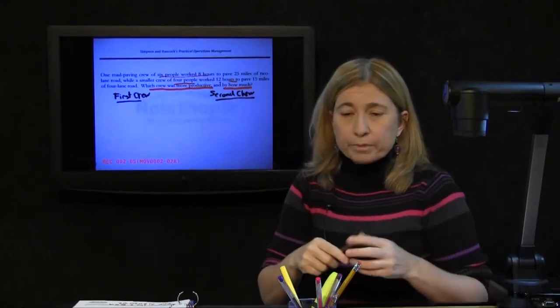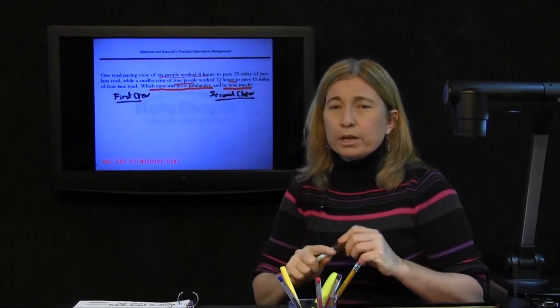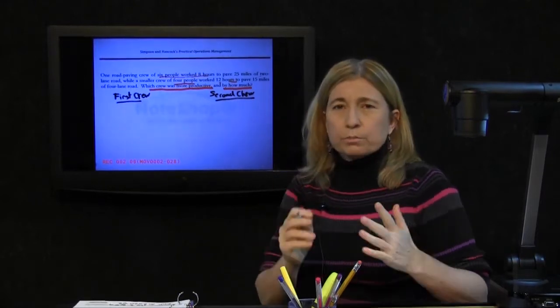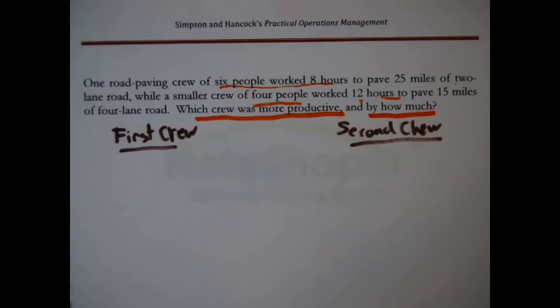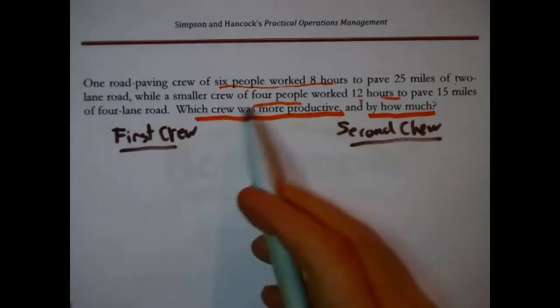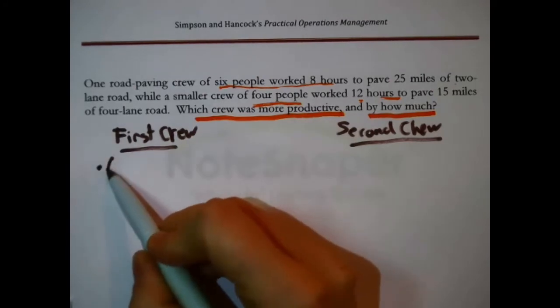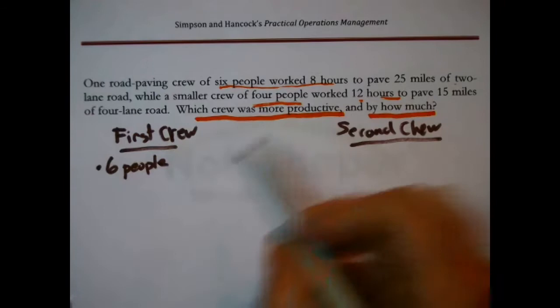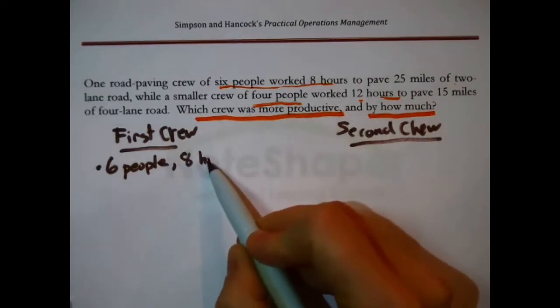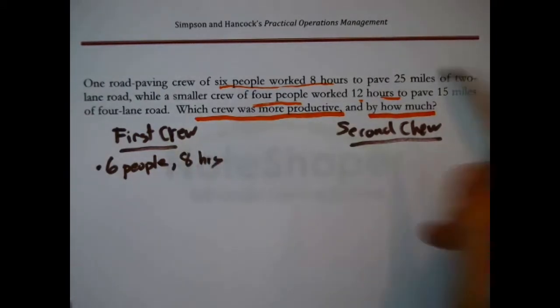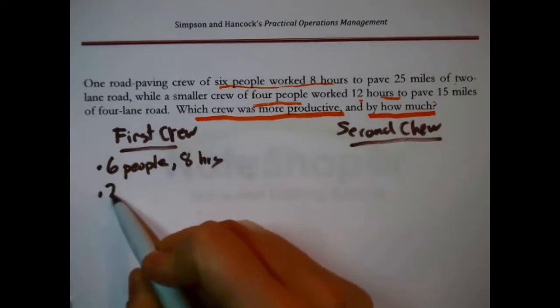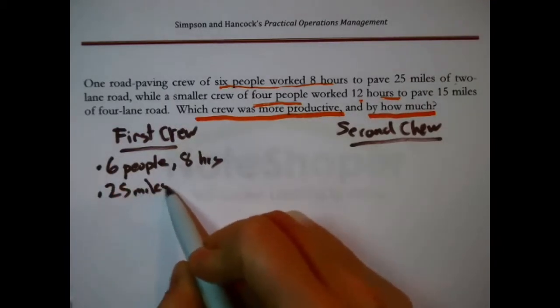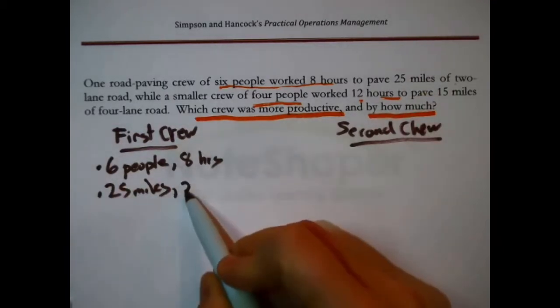Now, what I highly recommend before we start computing any ratios is that we organize this data. One road paving crew, that's my first crew. 6 people, 8 hours, to pave 25 miles of 2-lane road.